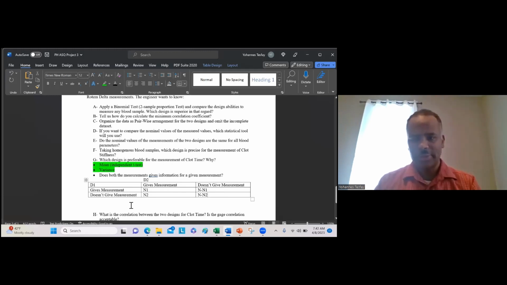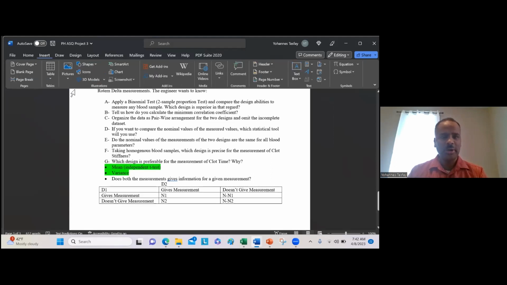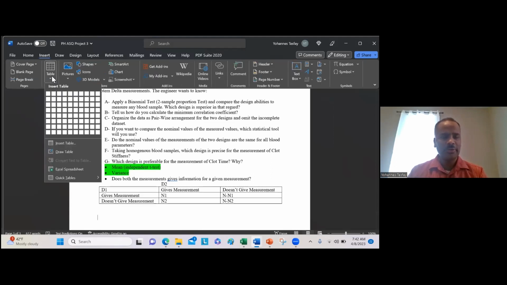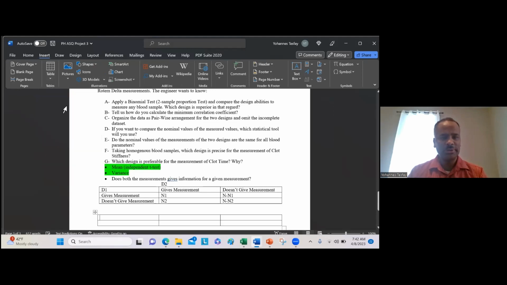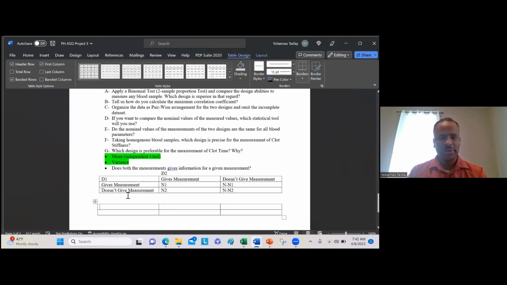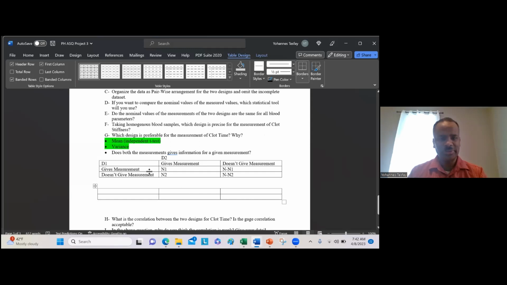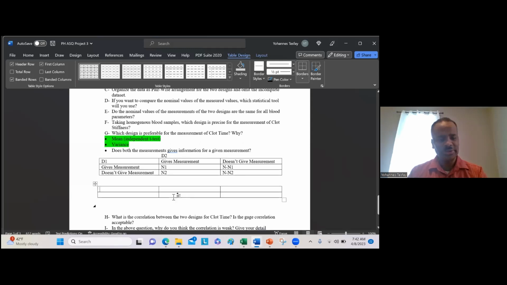Now to add the concept here, for only D1, you have gives measurement and doesn't give measurement.